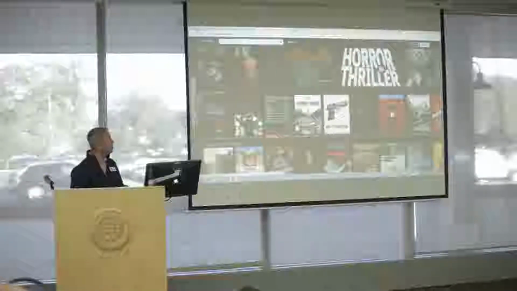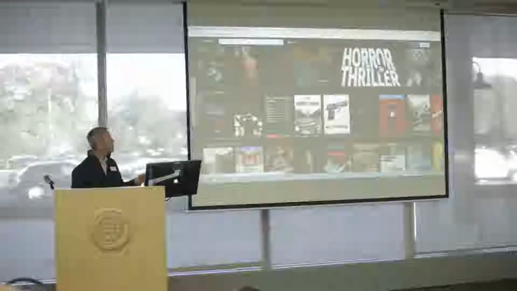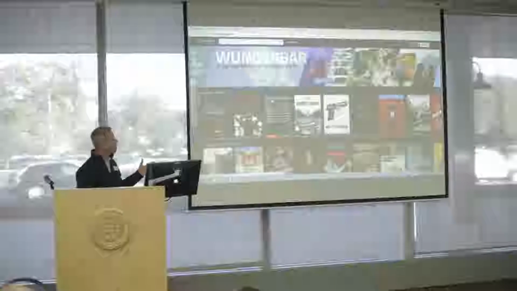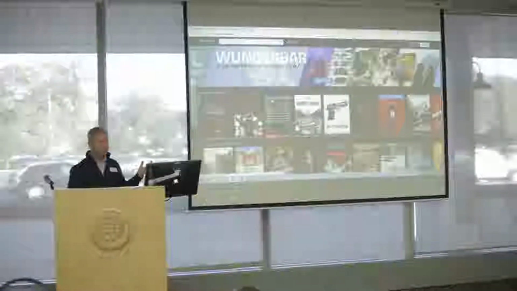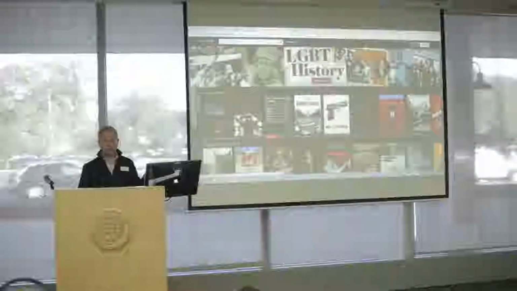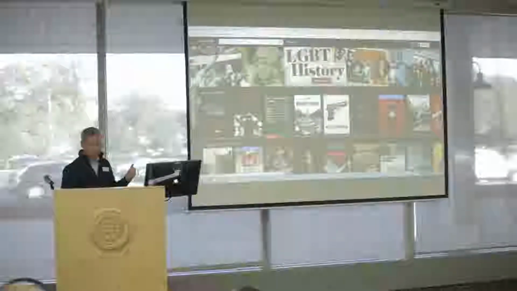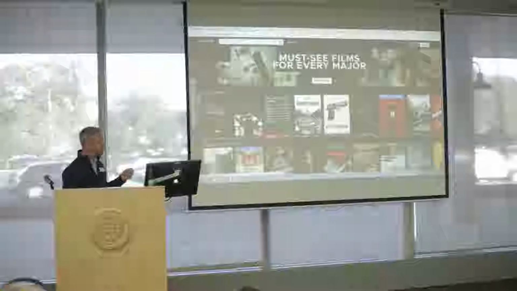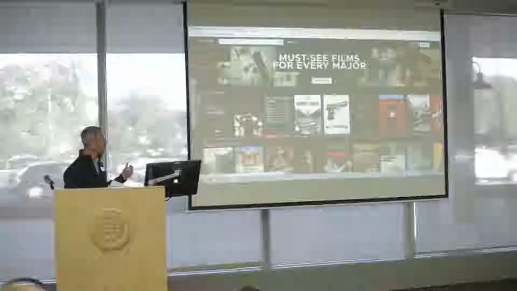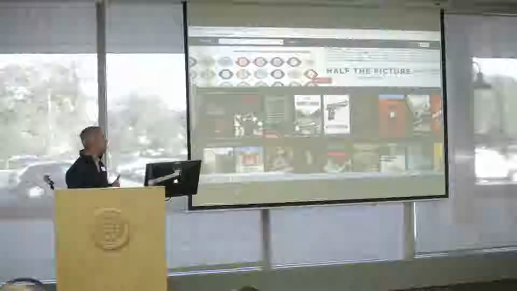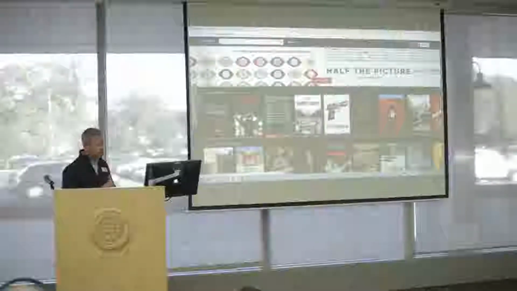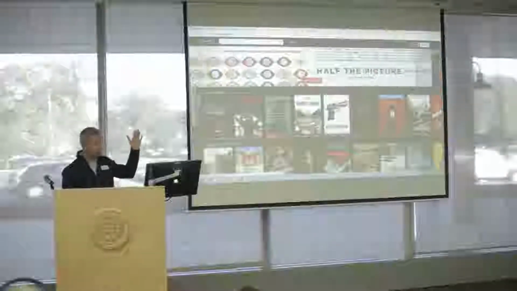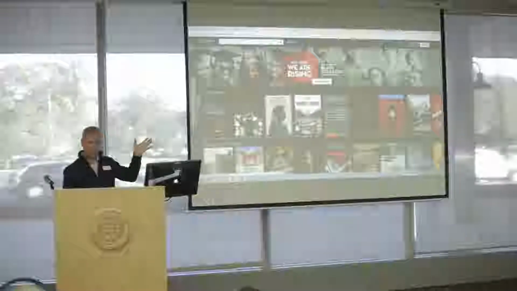But Swank is first runs. Canopy's strengths lie in international cinema, documentaries, classic and world cinema. They've got content from PBS, BBC, and the Criterion Collection. Is anyone a film nerd, ever heard of the Criterion Collection?